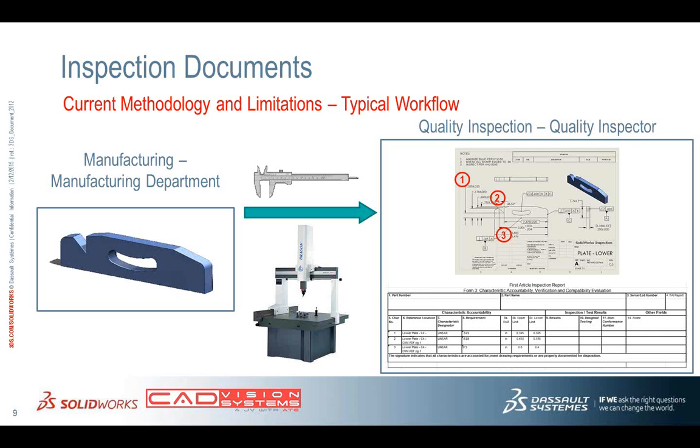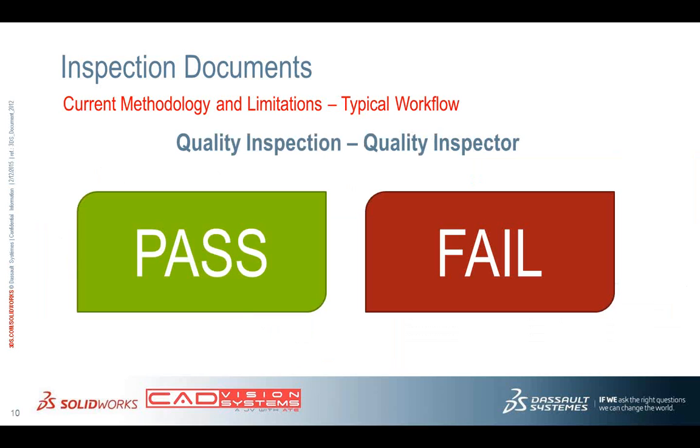Only then can we determine if the batch of manufactured products passes or fails the quality inspection process. We pick a few parts from the entire batch of the manufactured product, inspect them, key the results into the Excel file, and determine whether it passes or fails.